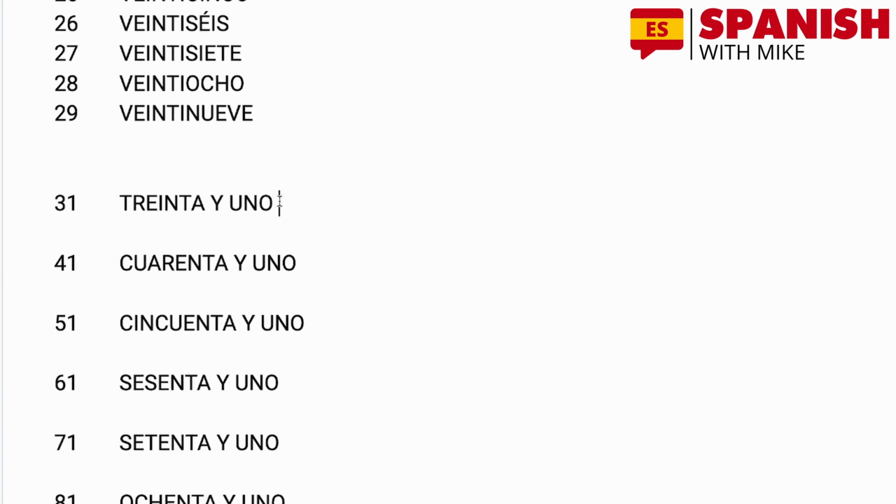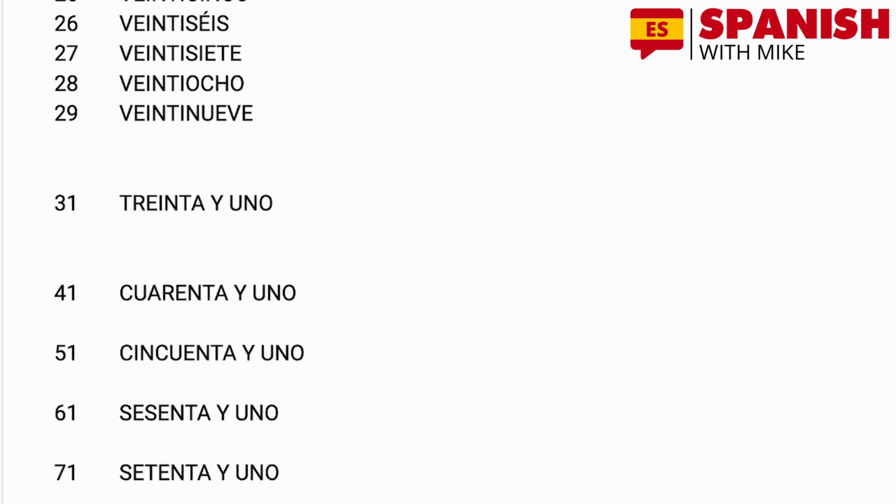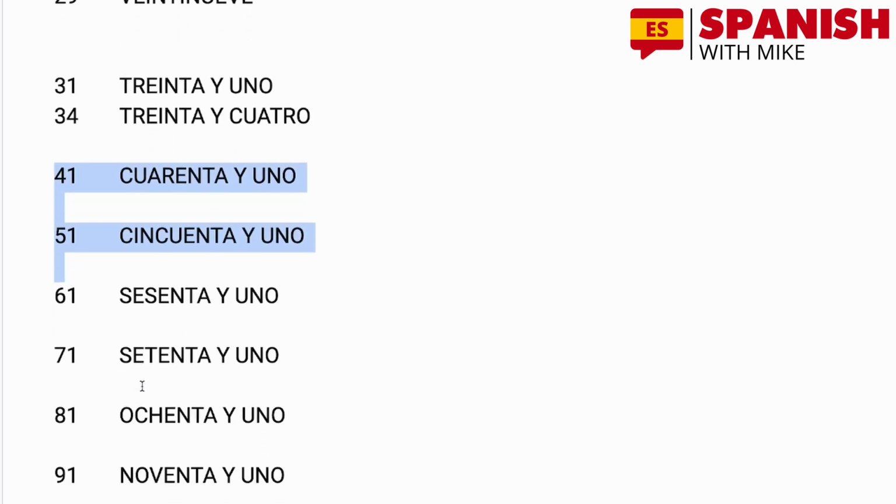So the word 30, which would be the 10 and the unit. For 34 would be of course 30 y 4, the 10 and the unit. And so on. 38, 30 y 8, 39, 30 y 9. And the same thing for the rest of the numbers.